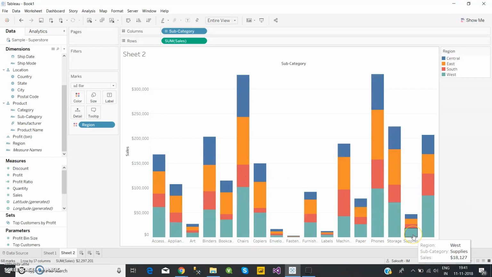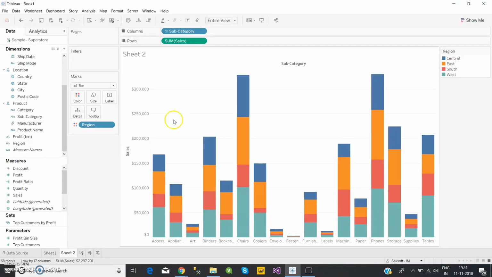For supplies, you can see that West has performed the best, but the rest somehow have almost similar values. Therefore, I'm able to understand for each subcategory how the sales has varied for each region. Therefore, two different dimensions are involved.